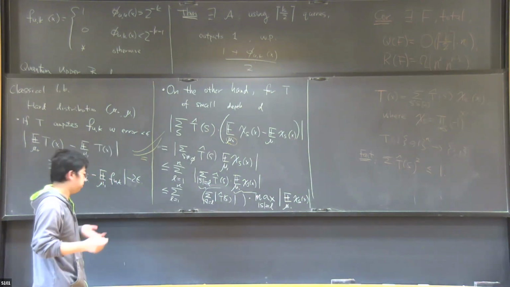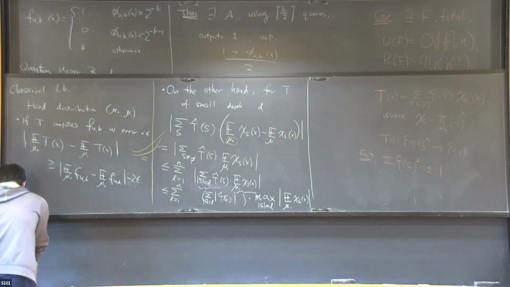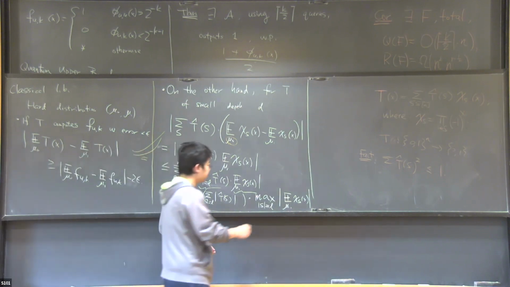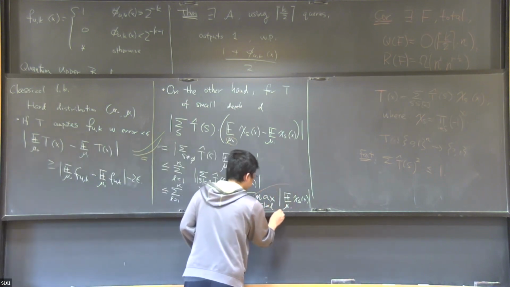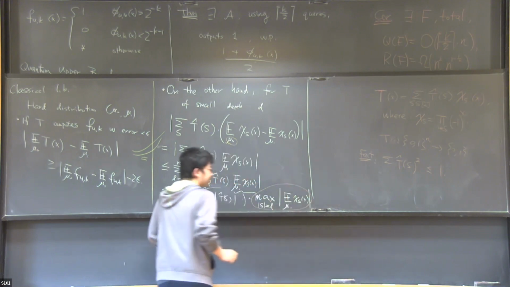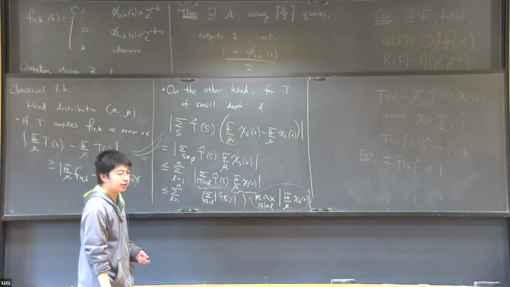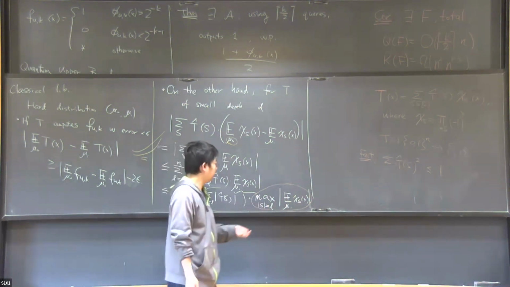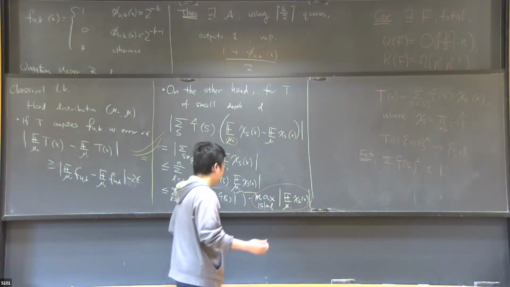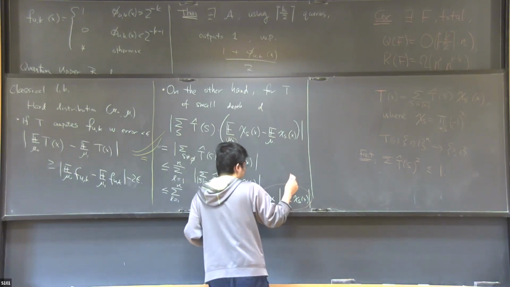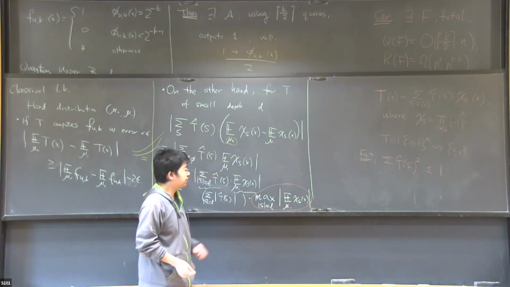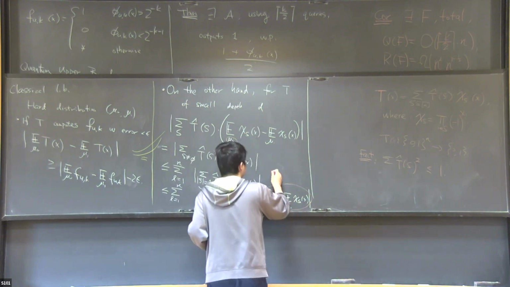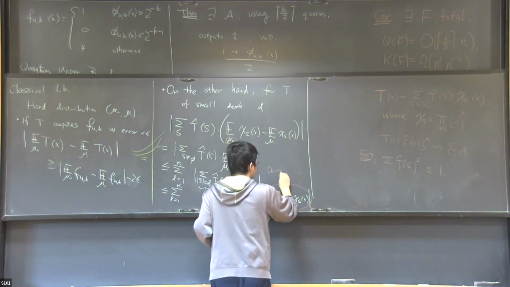So now we have two separate tasks. The first one is we need to come up with a distribution that is different from the uniform distribution, and has good behavior when you take expectation over characters. By good behavior, I mean that we hope this quantity decays exponentially fast with respect to the size of the character.